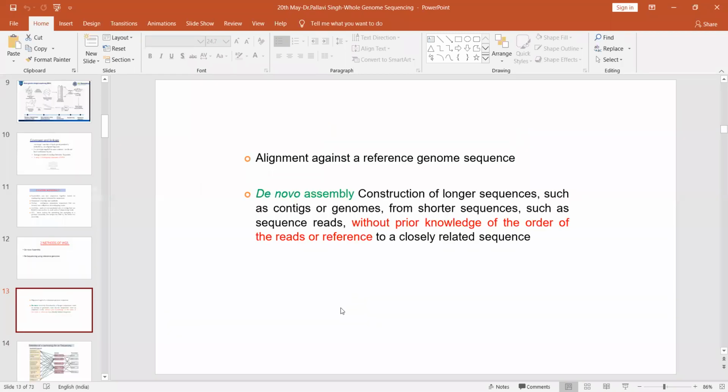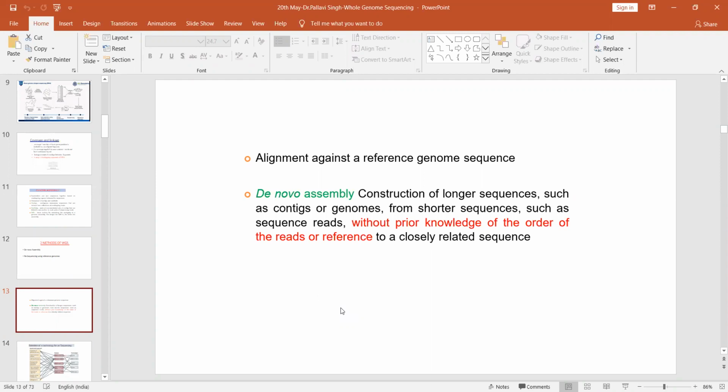These two methods are described here. In the case of de novo assembly, I am trying to sequence those DNA fragments. I am trying to find out a genome for which there was no prior knowledge. Without prior knowledge of the order of the reads or sequence, we are going to carry out the sequencing project.